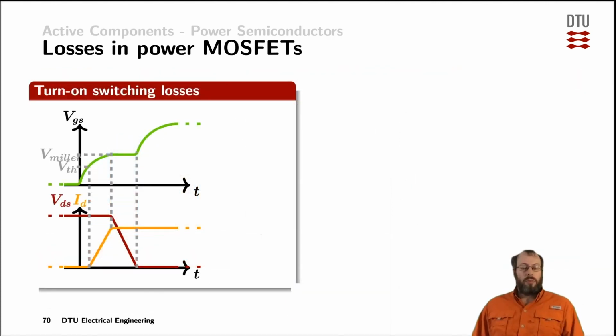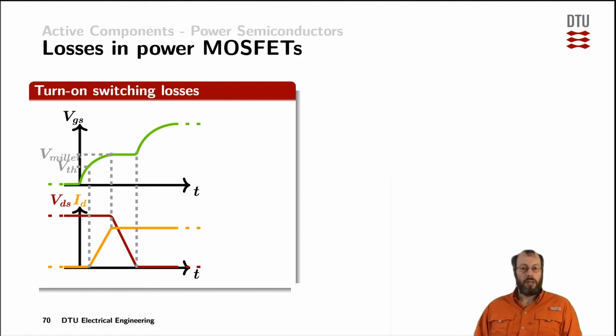Now, the third switching loss mechanism is similar to what we had in the reverse recovery losses in the diodes, but where the reverse recovery losses only occurred when the diode was changing its state from conducting current to blocking voltage, we have the switching losses in a MOSFET at both turn on and turn off of the power device.